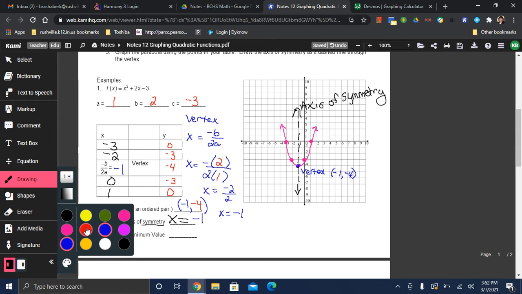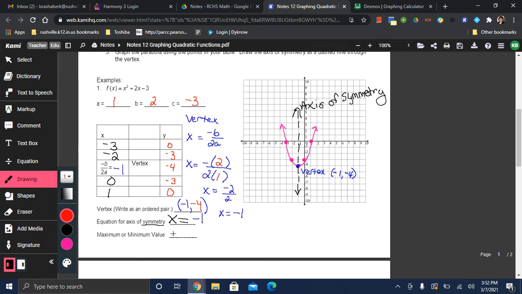And then the last important thing that we're going to label here is whether or not we have a maximum or a minimum. Well, this parabola opens, as we would say, up, and so it has a minimum value. We'll circle whether it's a maximum or a minimum, and that minimum value is the y value out of your vertex.